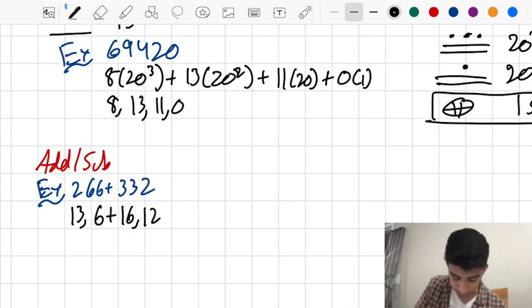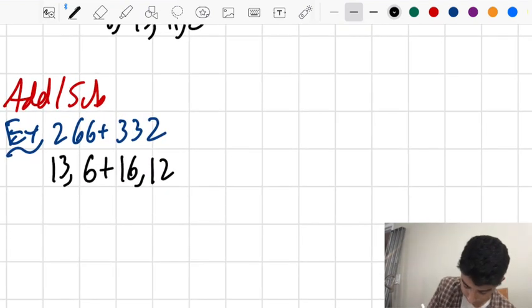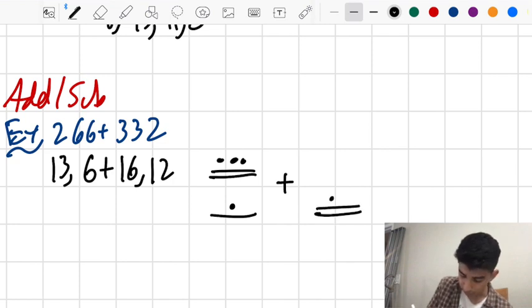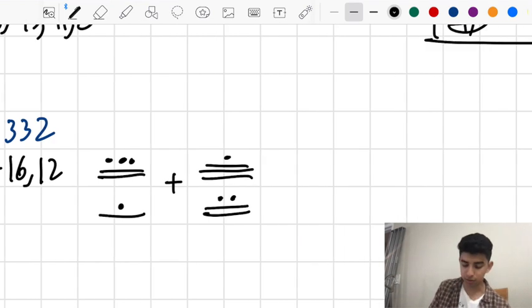So we can rewrite this into Mayan numerals. So we're going to have 6 in the bottom position, 5, 10, 13 next, plus 12 here, 5, 10, 11, 12, and then 16, 5, 10, 15, 16.